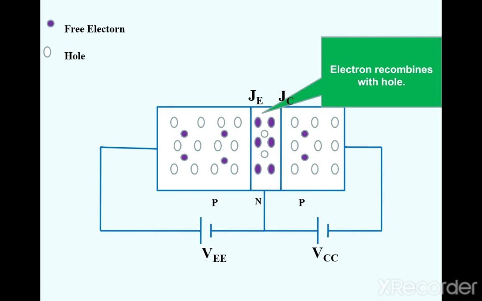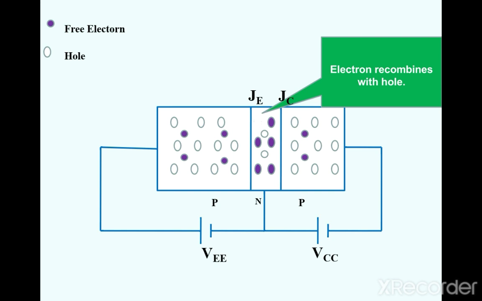Lightly doped means the majority carriers in the base are electrons, and there are few of them. So the current flowing in this PNP transistor is due to majority carriers only.